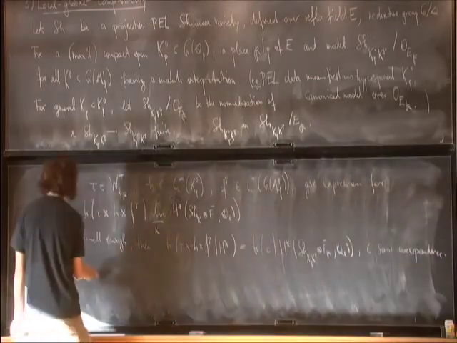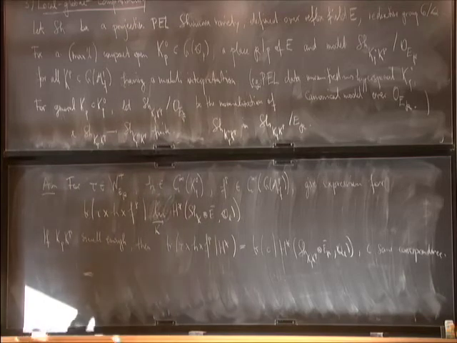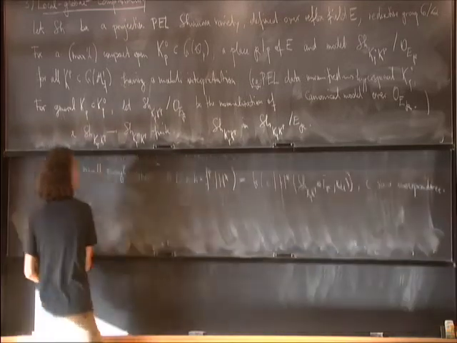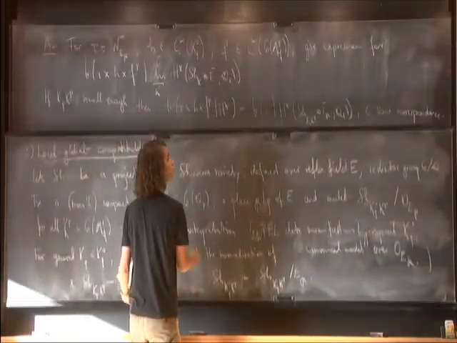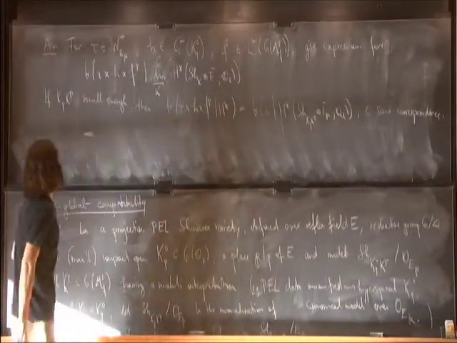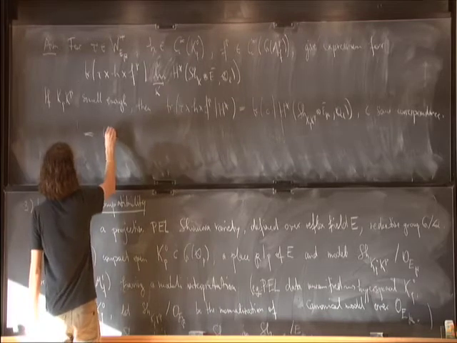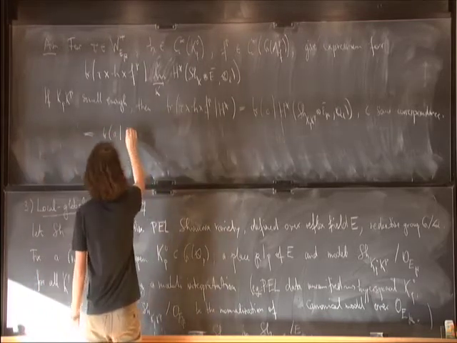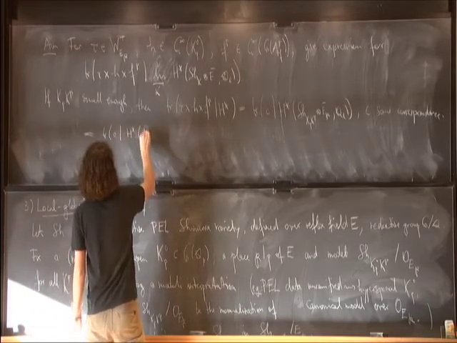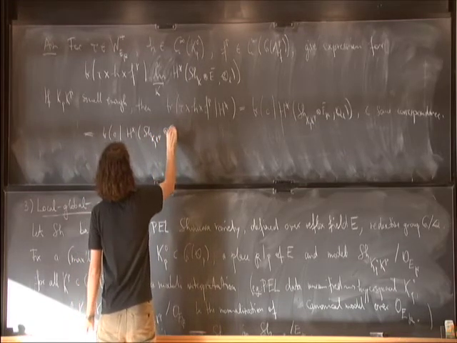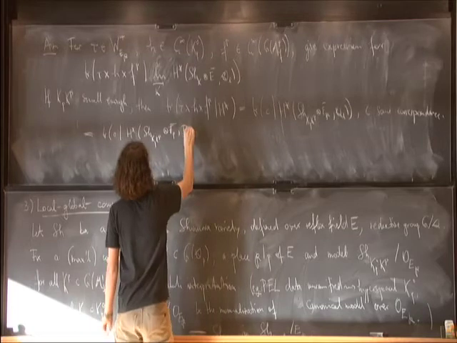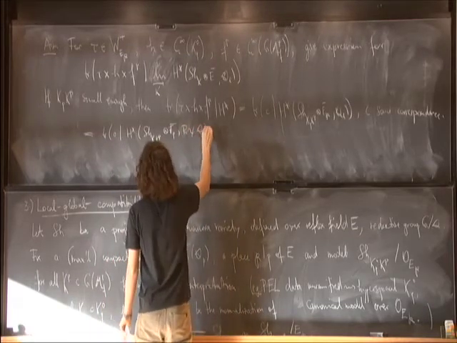but then you can go on and rewrite this as the trace on the cohomology of the special fiber with values in the vanishing cycles.